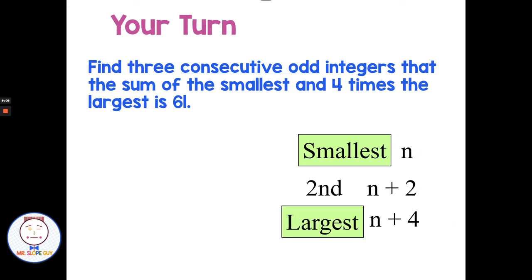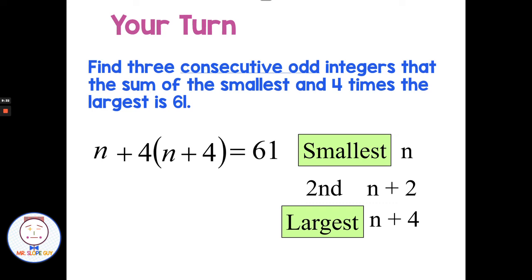So we come to write our equation, the sum of the smallest, so smallest being n, and 4 times the largest. So 4 times n plus 4. So sum means we're going to add together n and 4 times the largest, 4 times n plus 4, is 61, means equals 61.